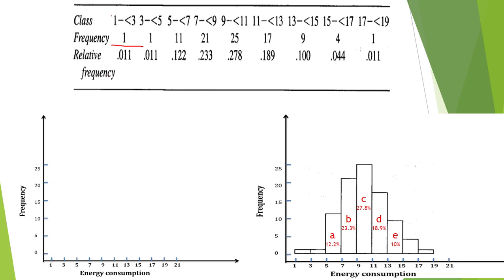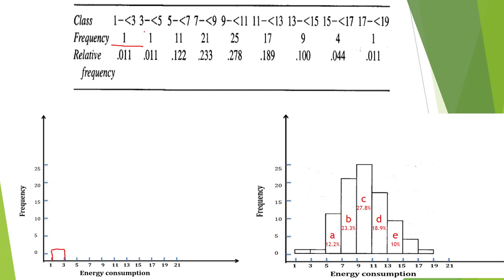I can find my first class, which is between 1 and 3. And how many homes do I have? Yes, 1 home. So probably 1 is here. What I'm going to do is draw a rectangle, a bar. Okay, a rectangle bar.